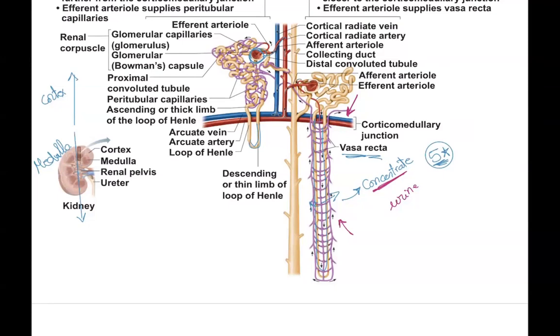And if you remember, again, the efferent arteriole is called an arteriole because the blood is going to keep moving away from the heart, and the blood here is going to be traveling around my proximal and distal convoluted tubules. This is going to be my peritubular capillaries, and it also can form the vessels around the long loops of Henle. This is what we called the straight vessel vasa recta.